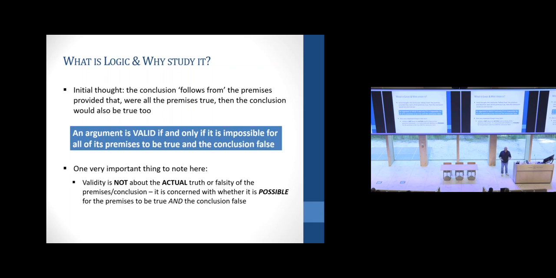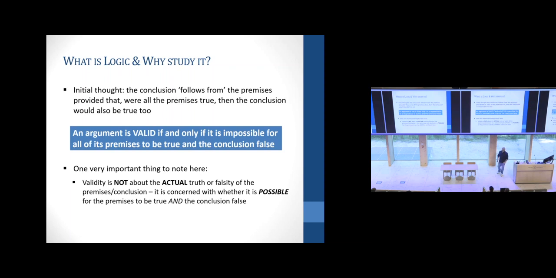Validity is very important. It's capturing this idea of the conclusion somehow following from, falling out of the premises. But some things to note. Validity isn't interested in the actual truth of the premises.